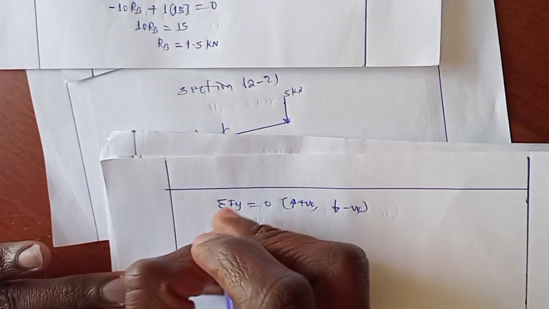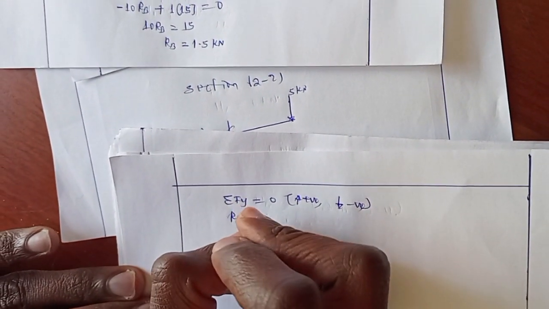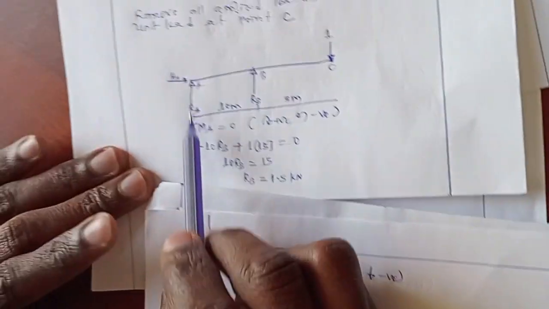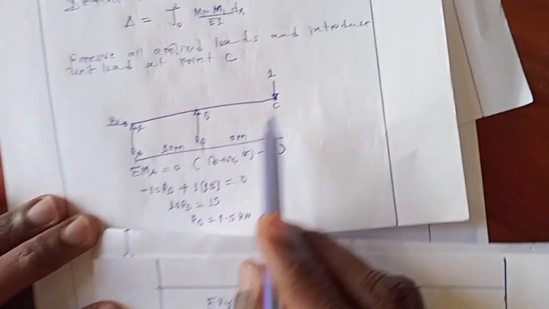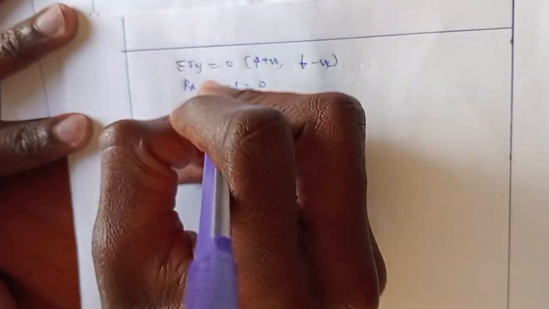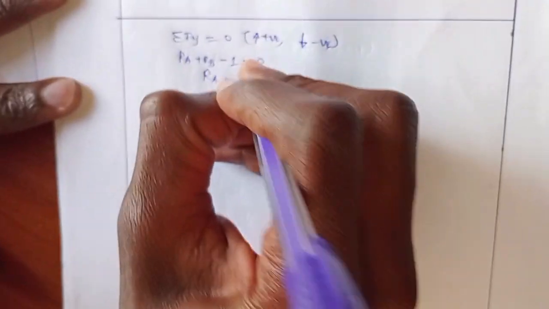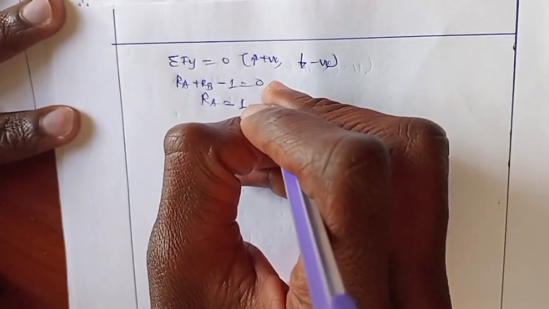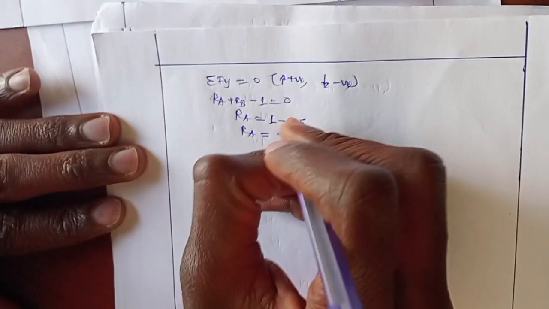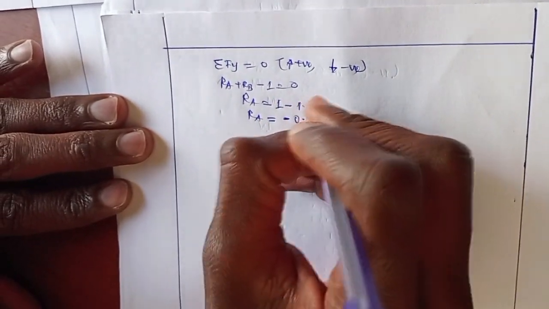So LA plus RB, the upward is positive, minus 1 is equal to 0. Therefore, LA will be 1 minus RB, minus 1.5. LA will be negative 0.5 kilonewton.